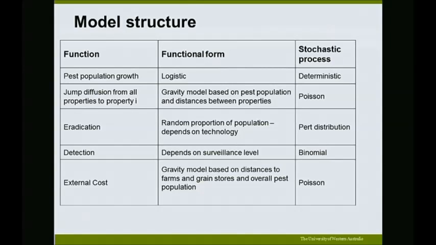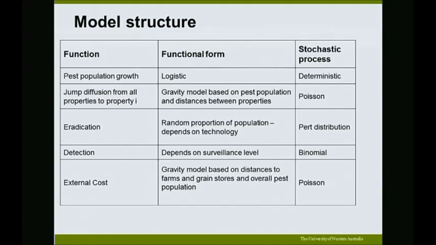There's a jump diffusion, so the pest can, with some probability, jump between households. And then there's eradication, which is fumigation, and that's again a random activity in that you could get some escapees.